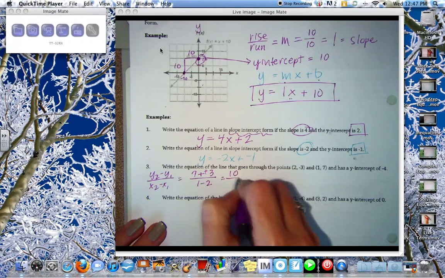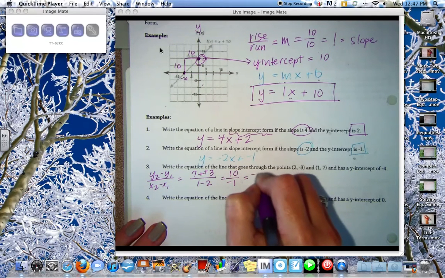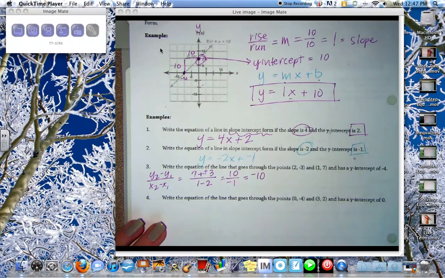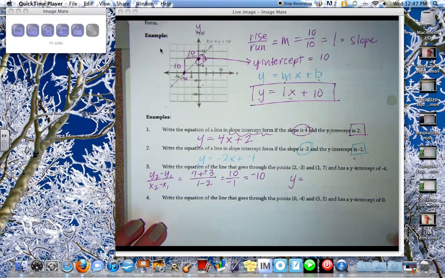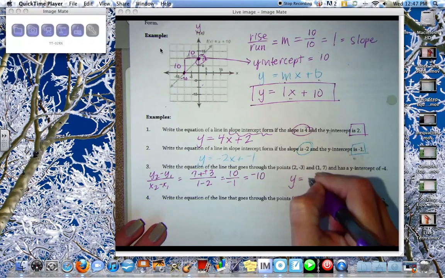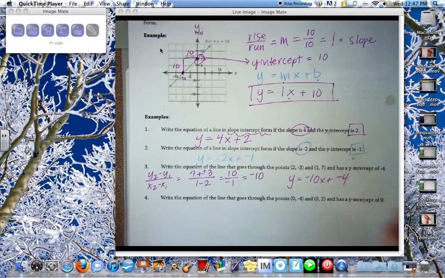Right? And on the bottom? Over negative 1. Okay. And you can simplify that if you want to what? Negative 10. All right, so now do I have my slope and y-intercept? Yeah. So my equation is y equals negative 10x plus negative 4.